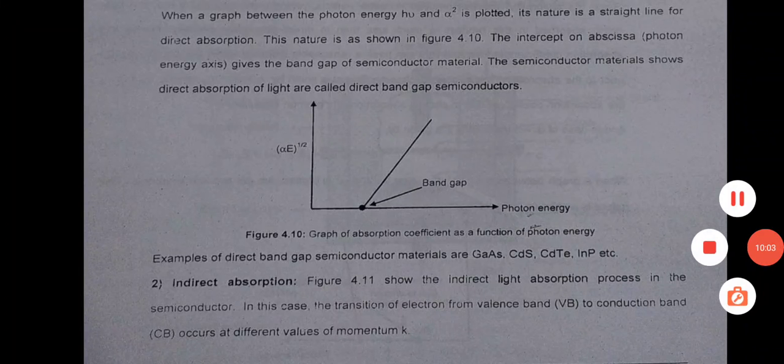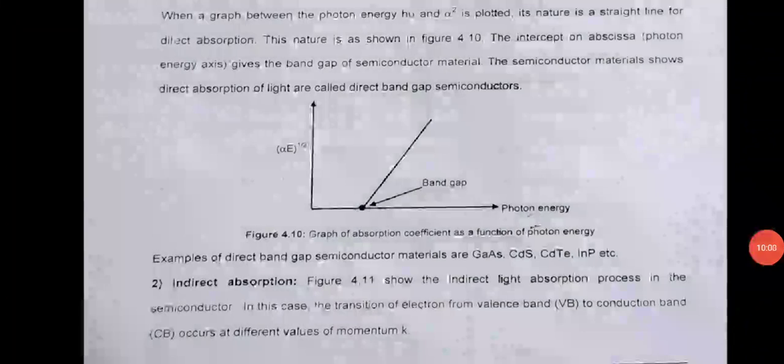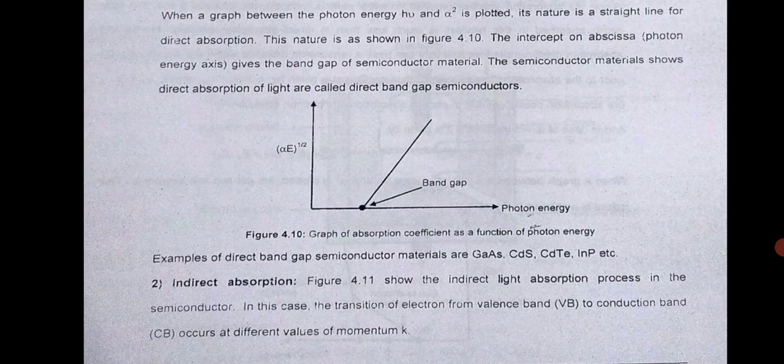Examples of direct band gap semiconductors are gallium arsenide, CdS (cadmium sulfide), cadmium telluride, and indium phosphide, InP.